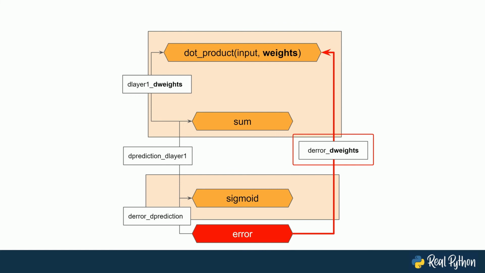Then take all the partial derivatives and multiply them together. This product will give you the derivative of the error with respect to the weights. Perhaps you noticed that you are starting at the error and working backwards to the weights. This is called a backward pass, and the algorithm is called backpropagation.